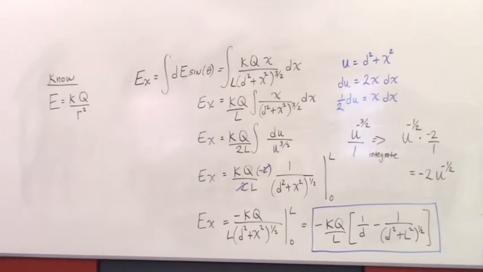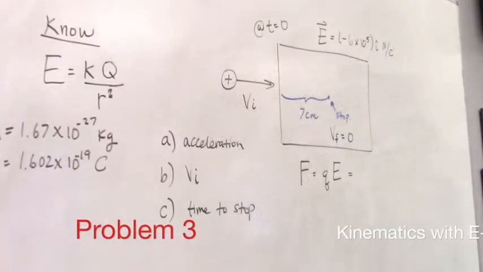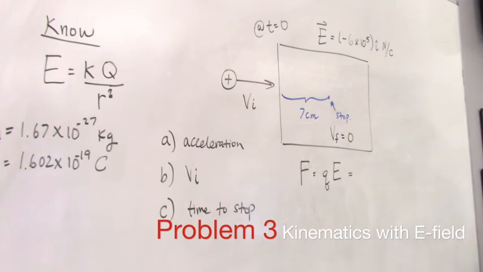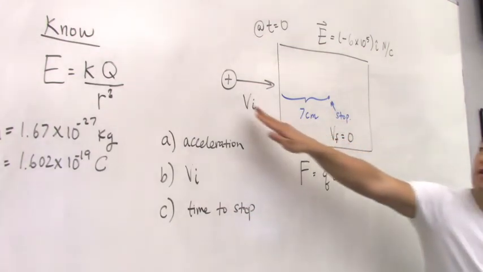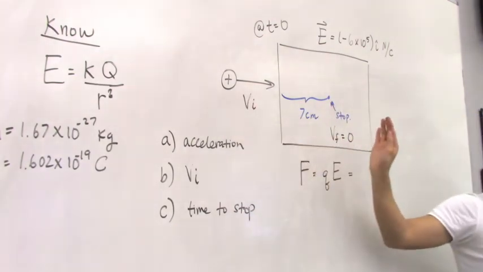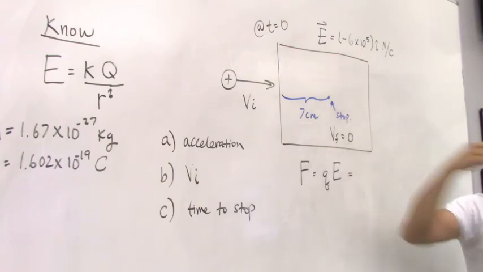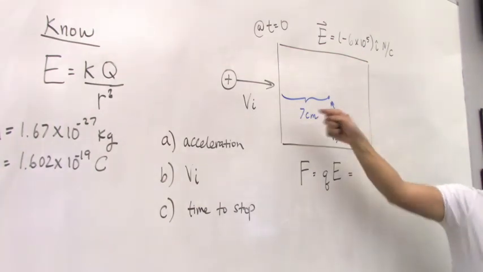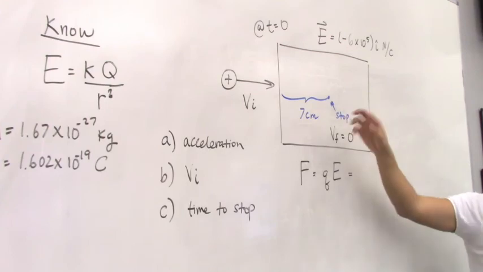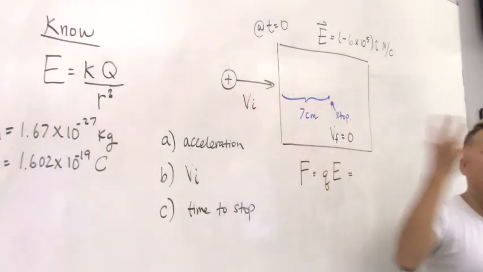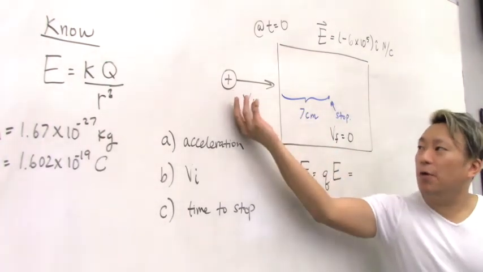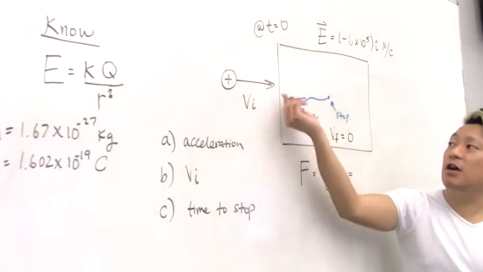Okay, so this third problem, the situation is this. We have a proton entering an electric field that's in the negative x direction. I'm going to try and animate this with my hand. This proton is going at a certain velocity. At t equals 0, it enters.